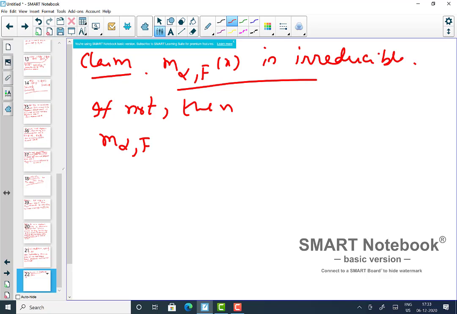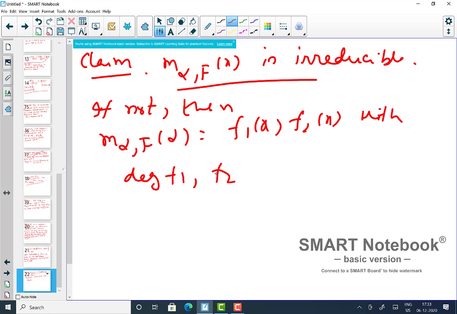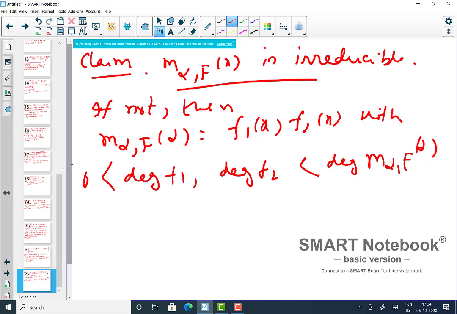So you can write it as f1(x) times f2(x), with degree of f1 and degree of f2 both strictly less than the degree of m_{alpha,F}, and they are also greater than 0, right? And that is the meaning of a reducible polynomial, right?